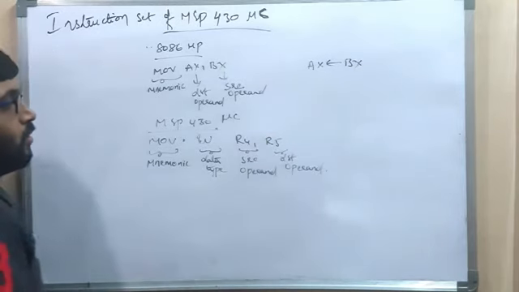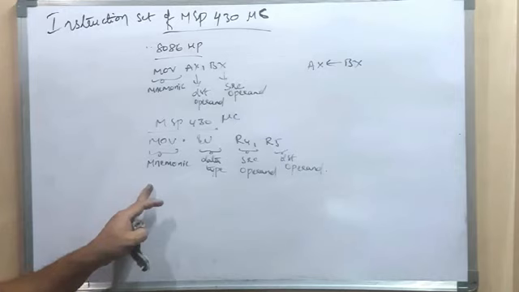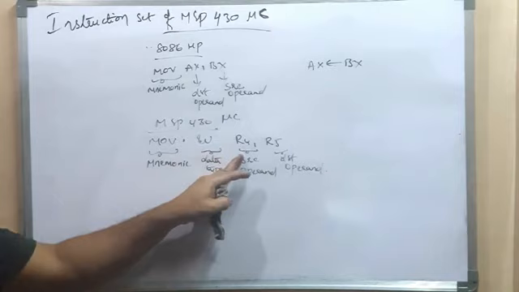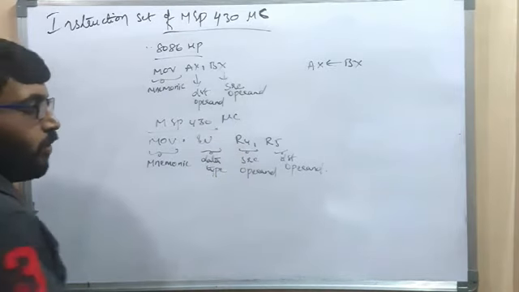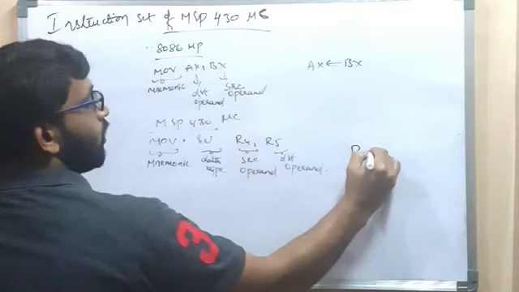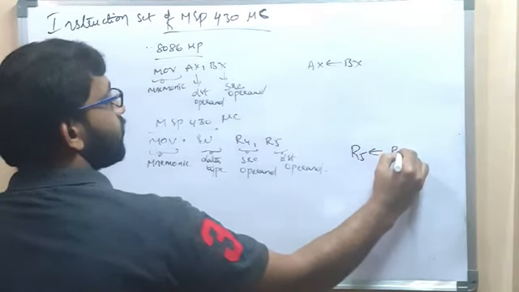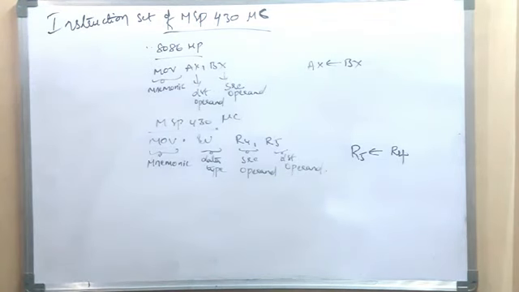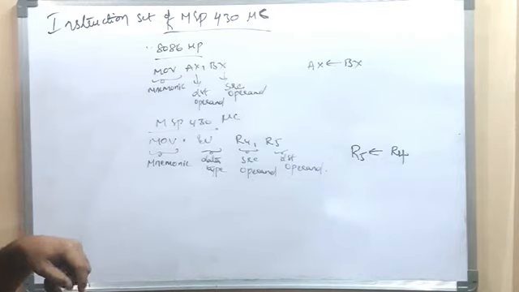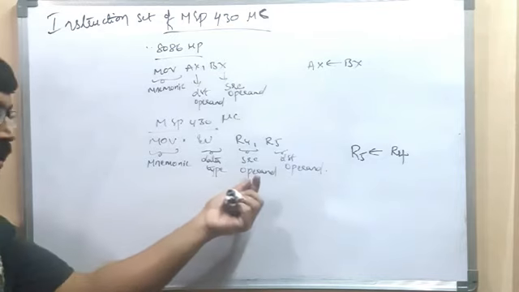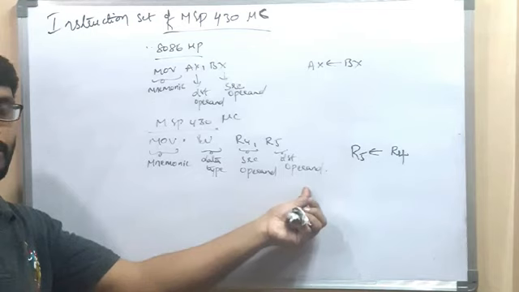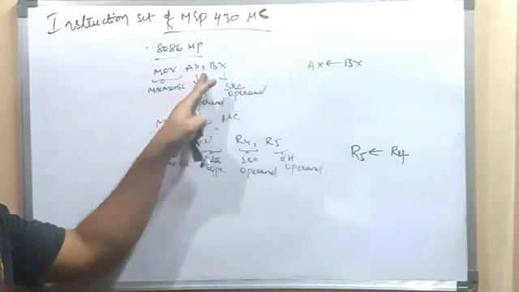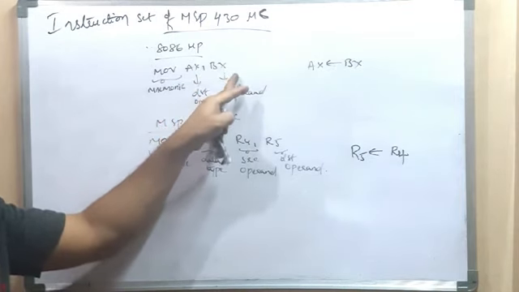Whereas in this case, the instruction format contains a mnemonic along with a data type, either byte or word, and source operand, destination operand. The destination operand contains the result and the content of the source is transferred to the destination. So this is the difference. Don't get confused: here the source operand is written first and then the destination operand in the case of the MSP430. In the case of the 8086 microprocessor, the destination operand is written first, then the source operand.